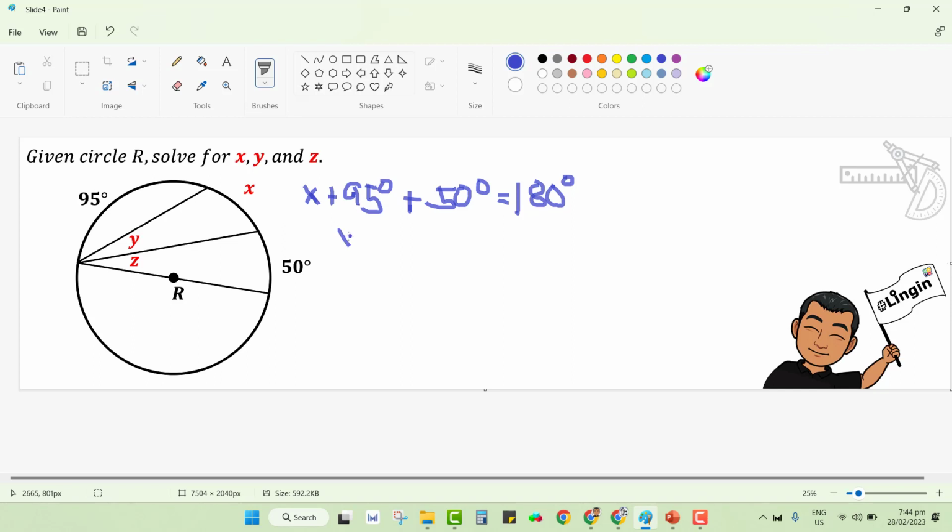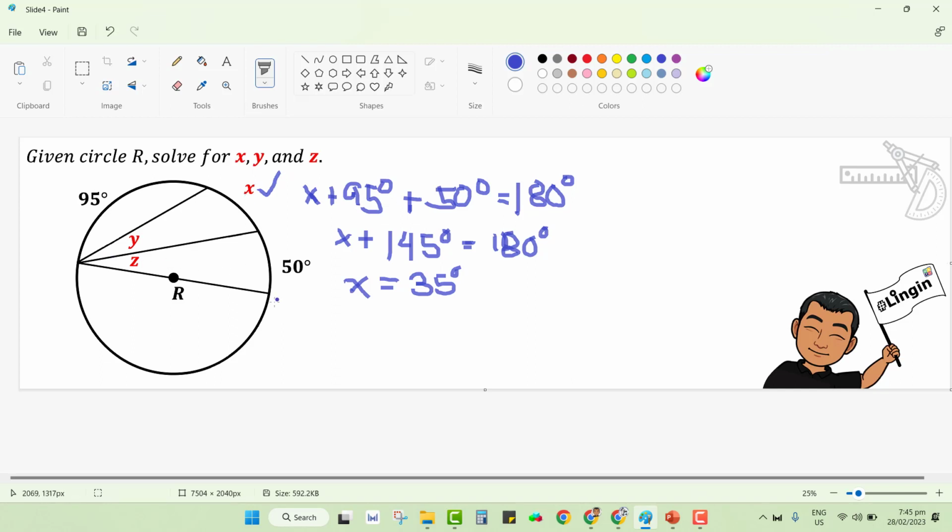You add these two measurements, and we will get x plus 145 degrees is equal to 180 degrees. By the subtraction property, subtracting 145 degrees on both sides, we get an x which measures exactly 35 degrees. This should be the value of the variable x, which represents this arc here.